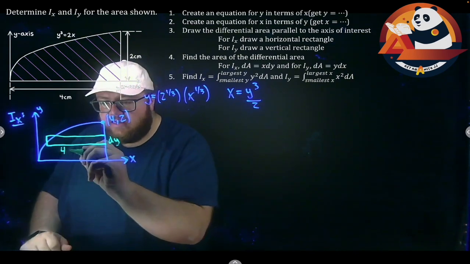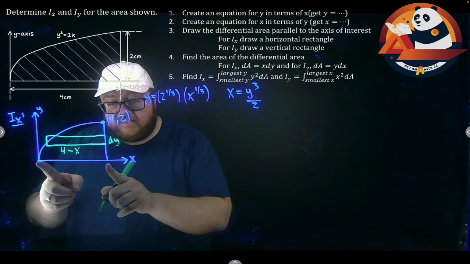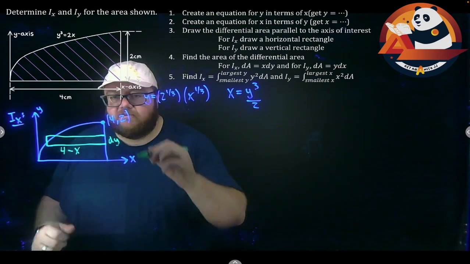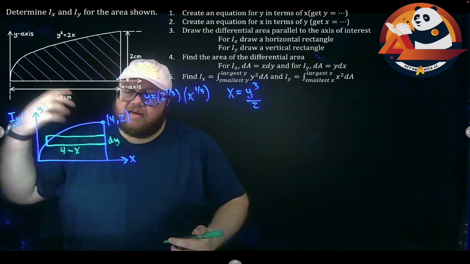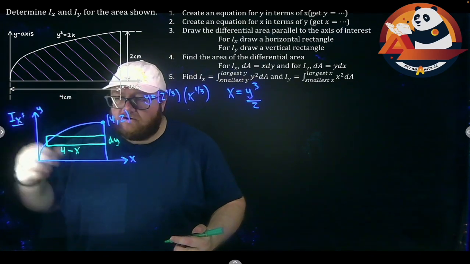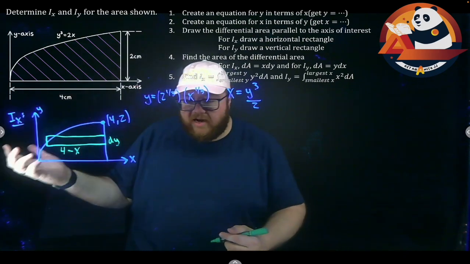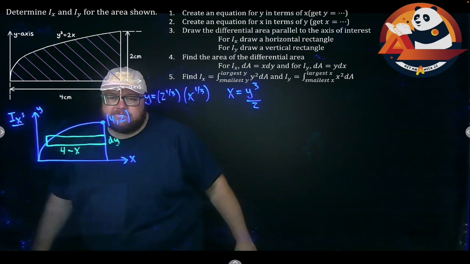Well, that's just x, 4 minus x. At the very bottom, x is at 0. My differential strip would be 4 wide, 4 minus 0. Up at the very top, I'd have an infinitely thin differential strip. It would have to be 0. 4 minus my x is 4 minus 4, which is 0. My area will be 0 in there. 4 minus x should be our setup for this.